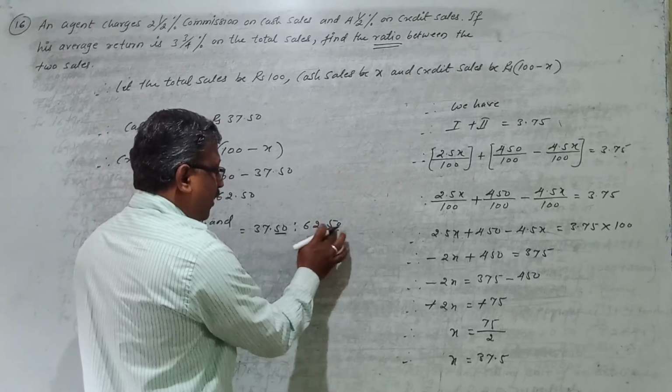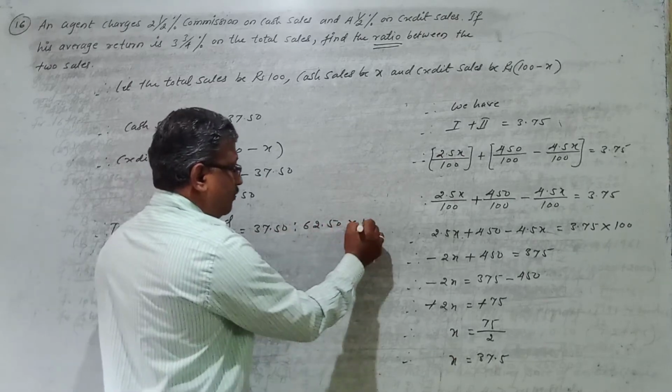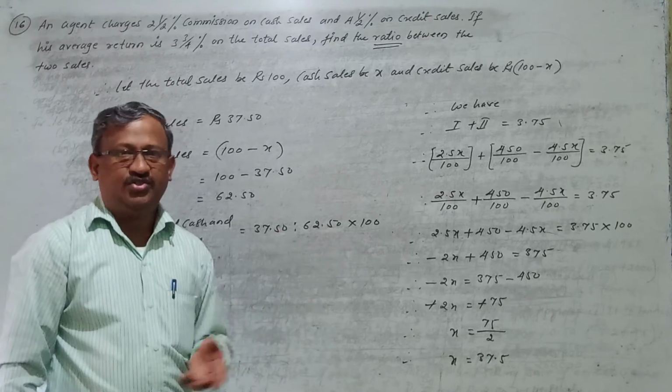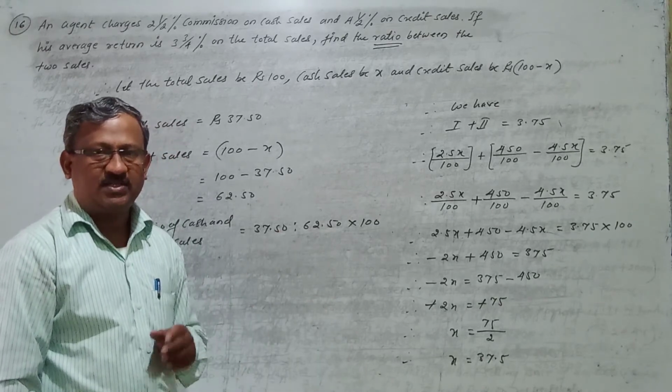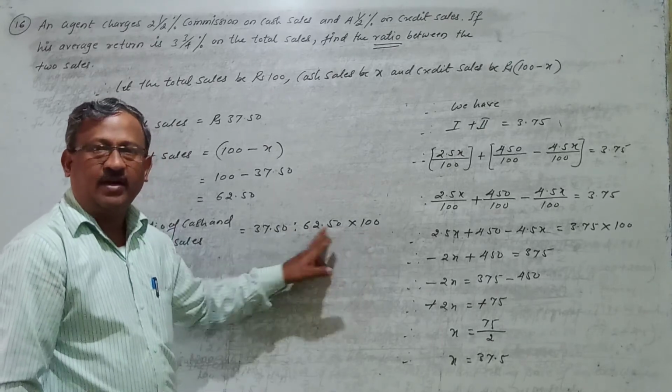So to cancel this decimal, I will multiply both the terms by 100. I told you in ratio, the value of any ratio doesn't change if it is multiplied or divided by the same number. So multiply both terms by the same number, the value of that ratio doesn't change.